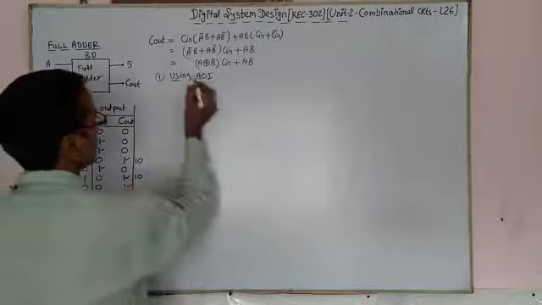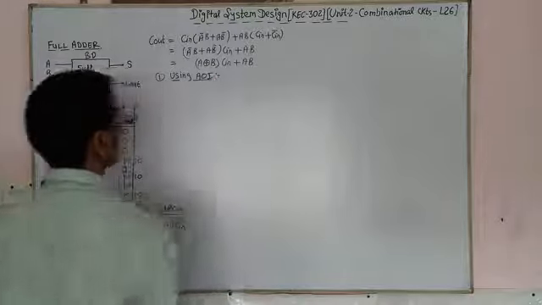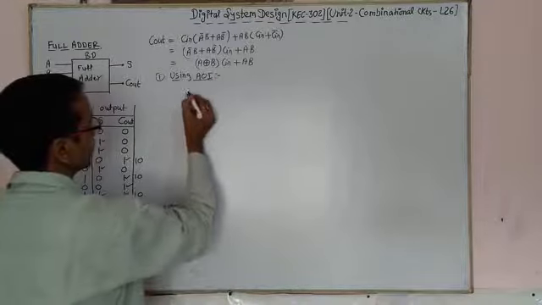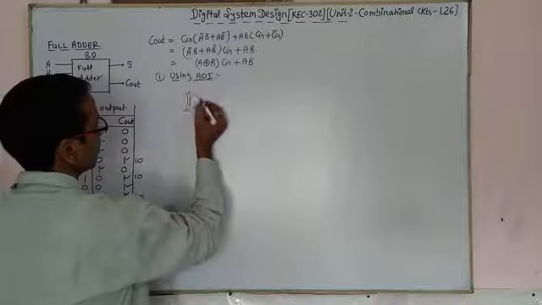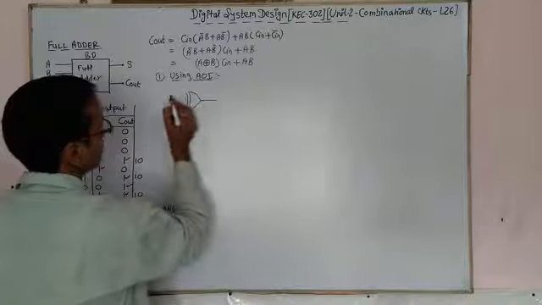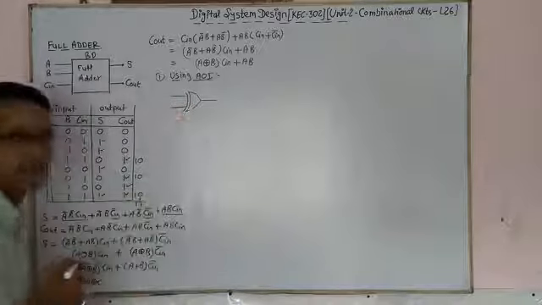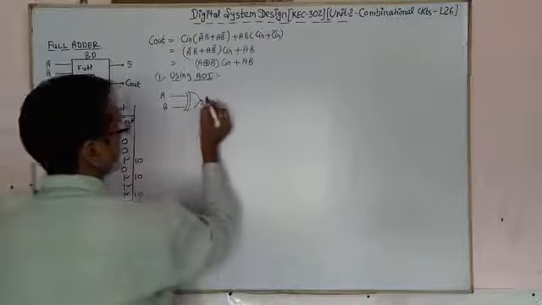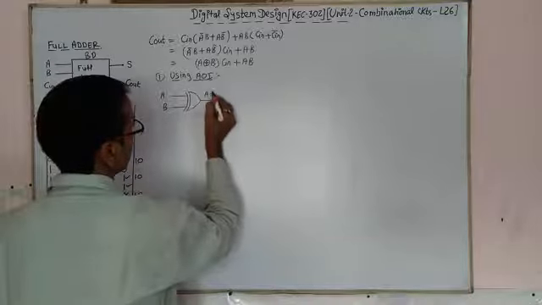Okay. So the A XOR B, this is XOR of A and B. What will be the output? A XOR B.